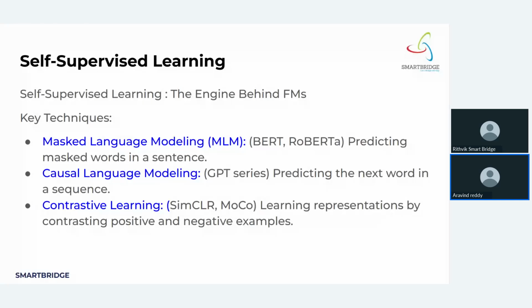Causal language models, the GPT series, predict the next word in a sequence. Can you tell me some models which perform this task? We already discussed next word prediction. Can you let me know the model names in deep learning?